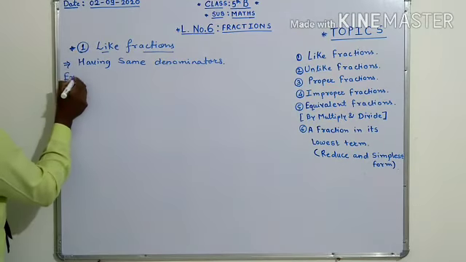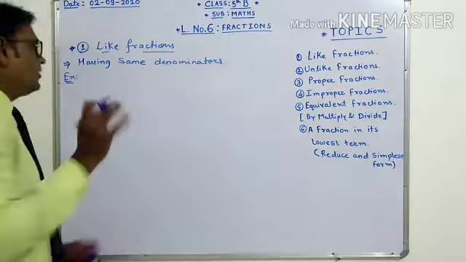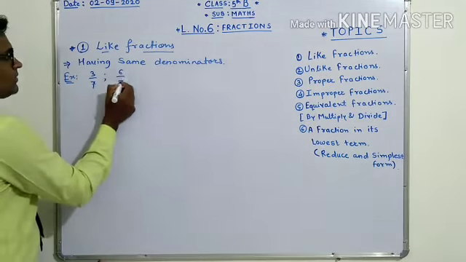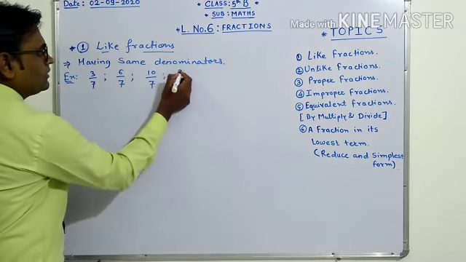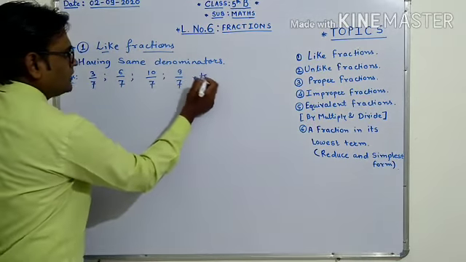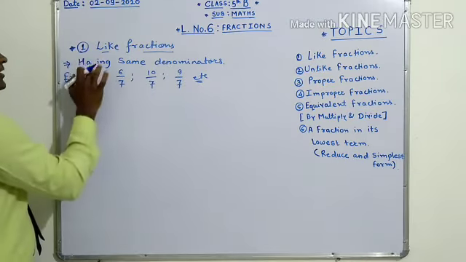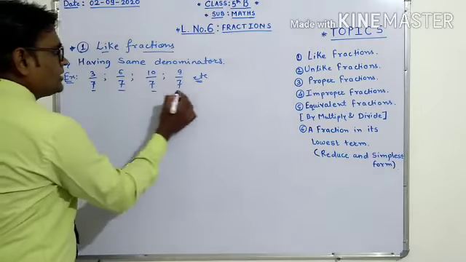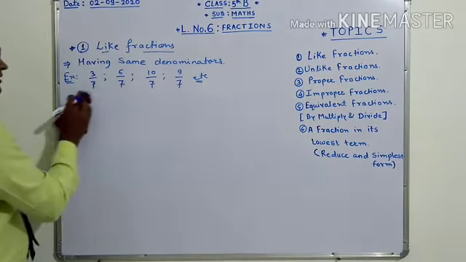Means such fractions whose denominators are same are called like fractions. For example 3 by 7, 6 by 7, 10 by 7, 9 by 7, etc. The fractions which have their denominators same or equal. See, 7 is the same everywhere. That's why these fractions are known as like fractions.